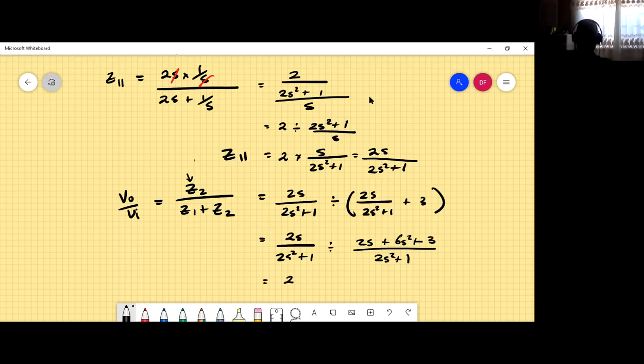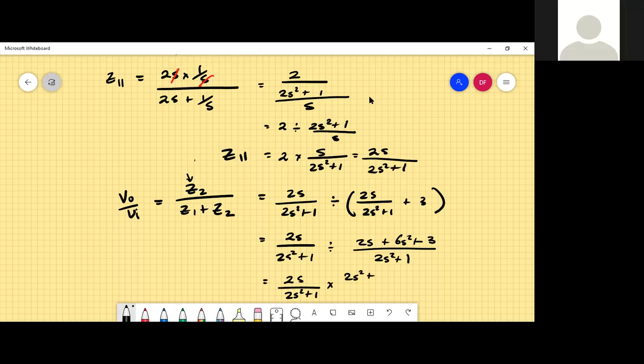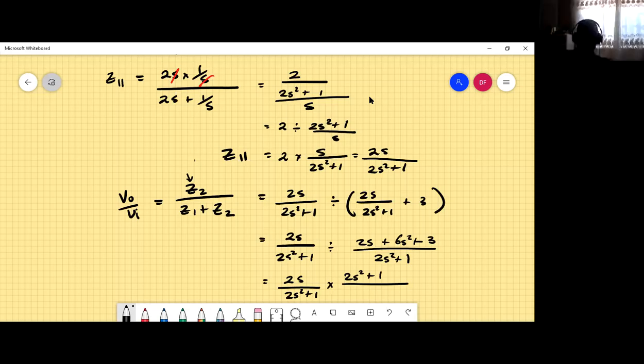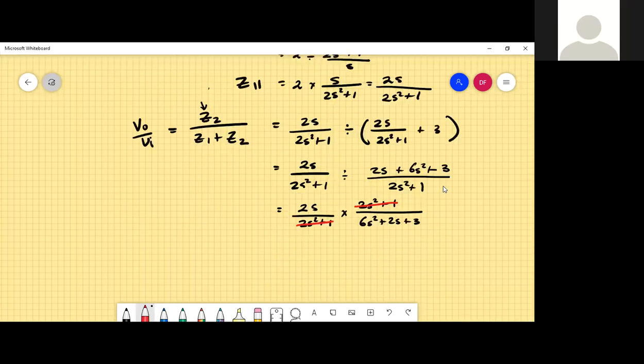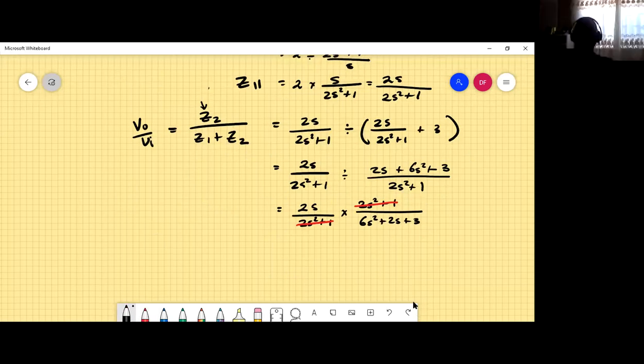So that is going to be equal to 2S over 2S squared plus 1 times 2S squared plus 1 over 6S squared plus 2S plus 3. Z2 is the parallel impedance.